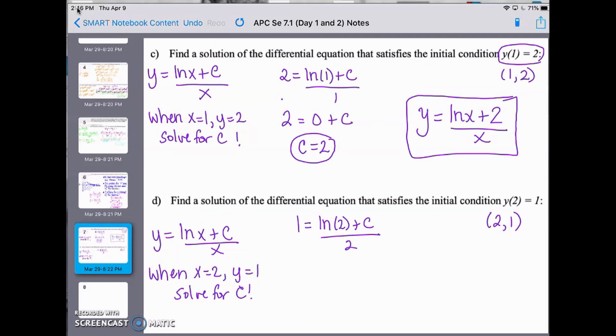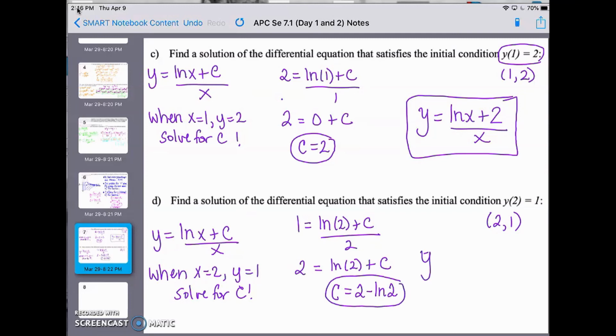All right, well, if I want to get that 2 out of the denominator, I'm going to multiply both sides of the equation by 2. So 1 times 2 is 2 on the left-hand side equals natural log 2 plus c. And if I want to get c alone, then c is going to be equal to 2 minus the natural log of 2. Natural log of 2 is not a nice number. It's a decimal. So we're just going to leave our c value in terms of natural log 2.